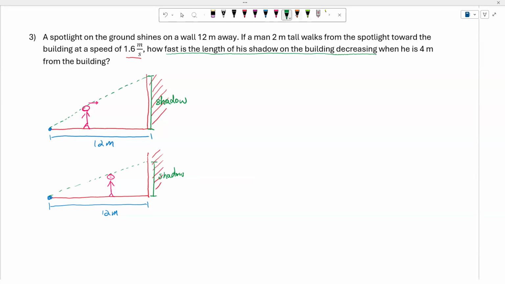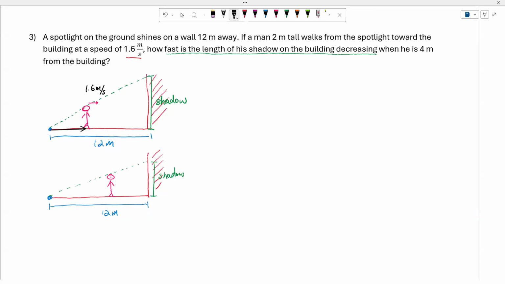Let us look at this. First of all, I know that the speed of the man is 1.6 meters per second. This speed is the change of this distance, from here to here.